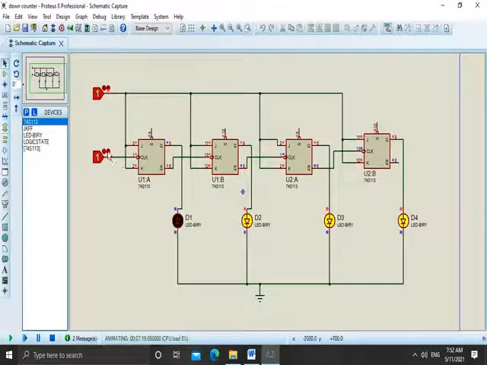After the first clock pulse, after the second clock pulse, after the third clock pulse, after the fourth clock pulse. Likewise it repeats again.